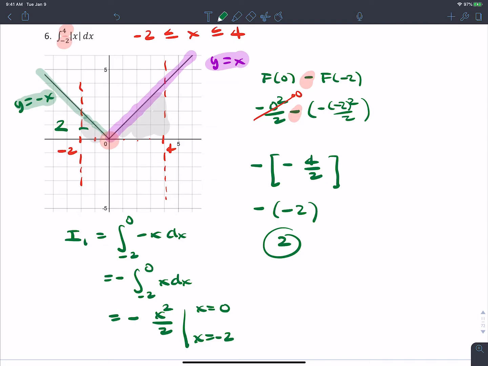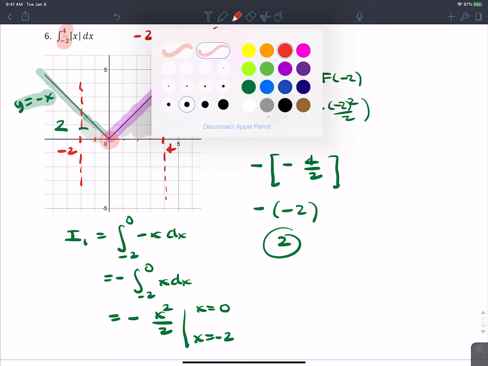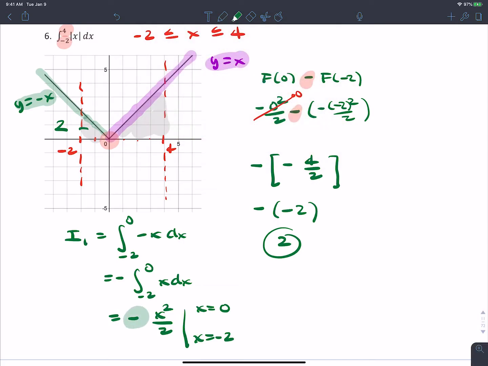Okay, good. Now let me point out something, because you see all these negative signs, and that's going to be a little bit weird for people. Don't forget from the beginning you had that negative sign. This is from your antiderivative function. That negative sign is right there in green.